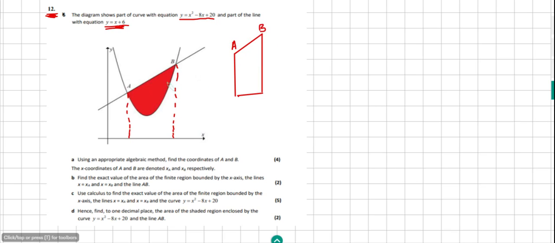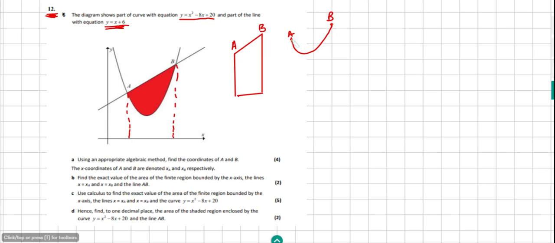Once we've found that area, what we could then do is find the area under the curve. So if we find our curve, then between the points A and B, the curve looks like this.